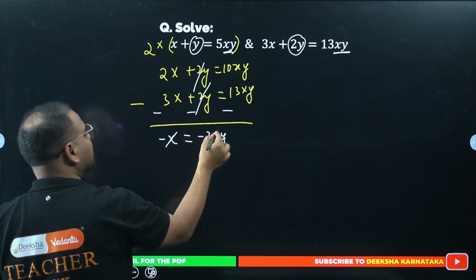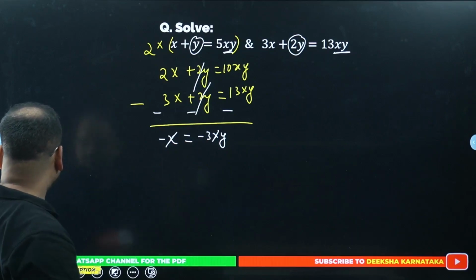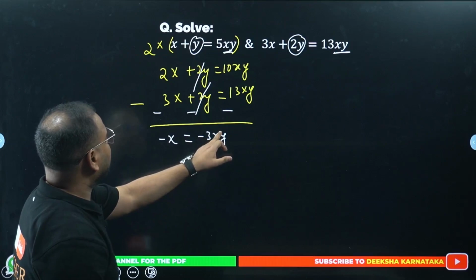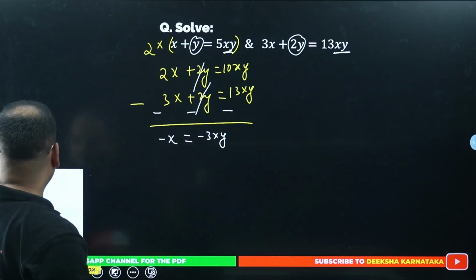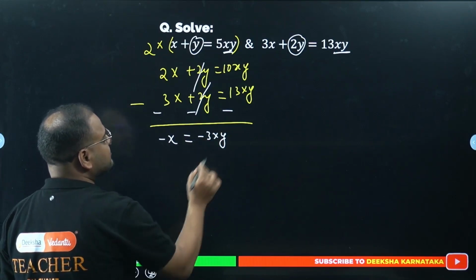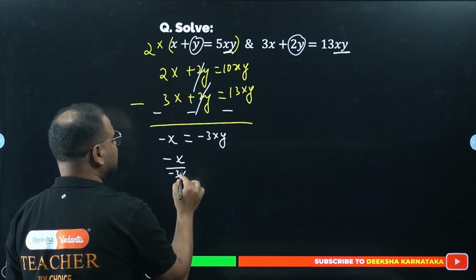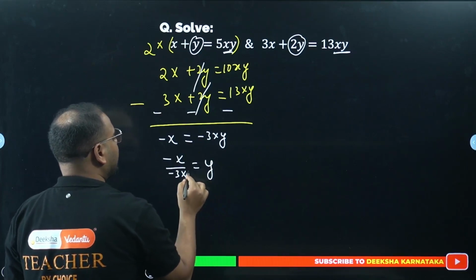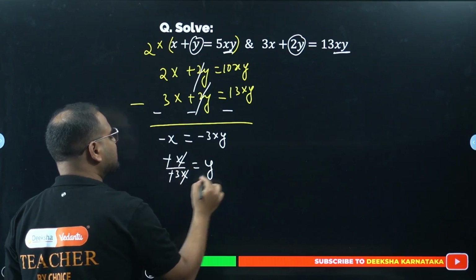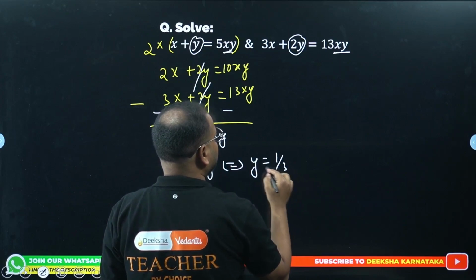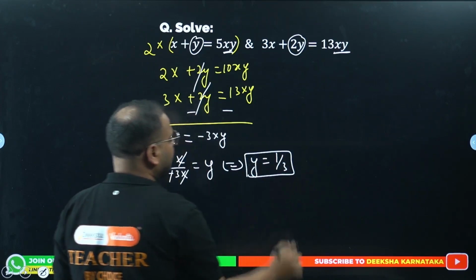Cancel x and x. If you don't want to cancel, don't cancel, we can take one more step. We want to find y, so I'll take minus x upon minus 3x equals y. Now x and x are cancelled, minus minus cancelled. What is my answer for y? y is 1 by 3.